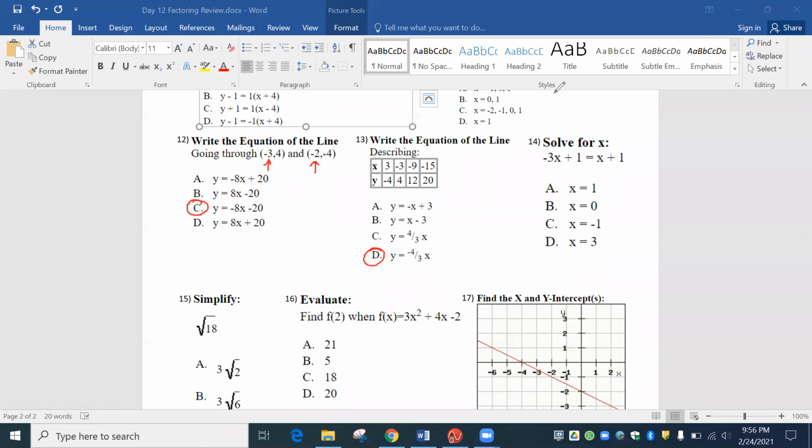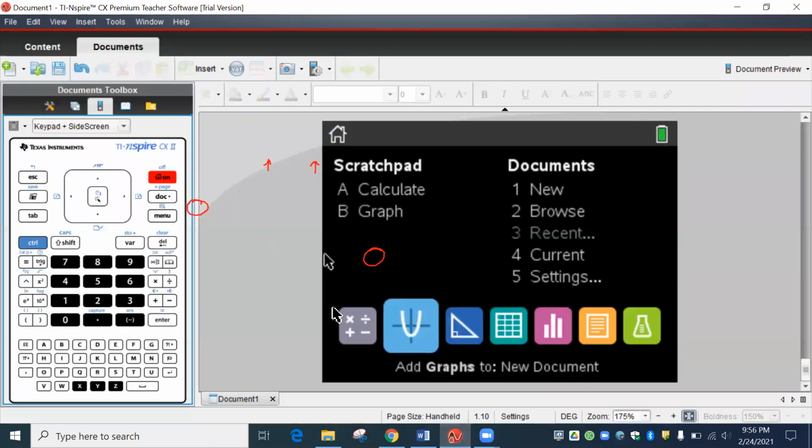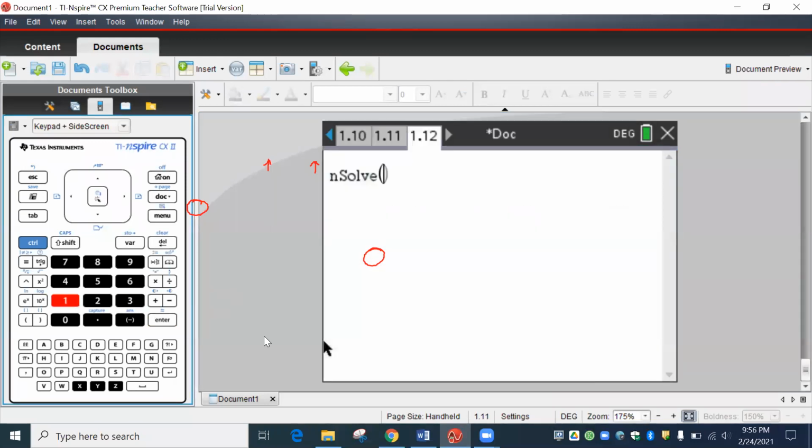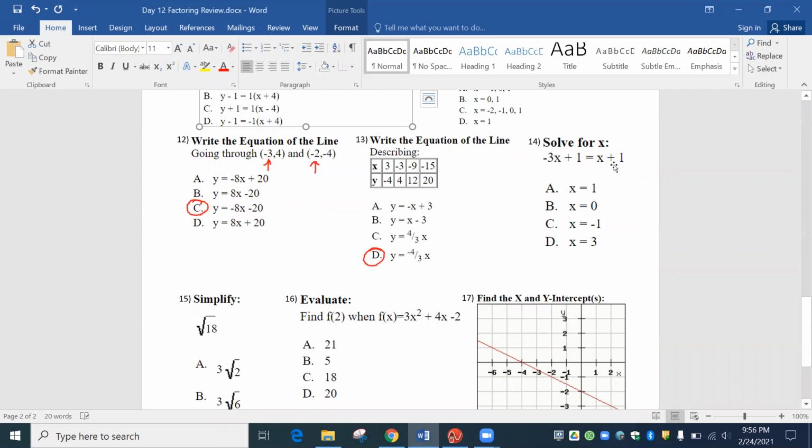This is regular calculator, and it is menu 3-1. This is nsolve. And so we love nsolve. Nsolve is very easy, but you got to know when to go there. So we saw just a regular equation, it wasn't y equals. It's just a basic equation that we need to solve for x.